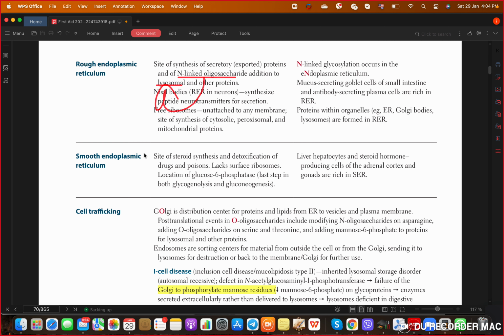This function I will be explaining in cell trafficking today. Okay, Doc. So Nissl body, which is rough endoplasmic reticulum in the neurons, synthesizes peptide neurotransmitters for secretion, to be able to secrete them outside.